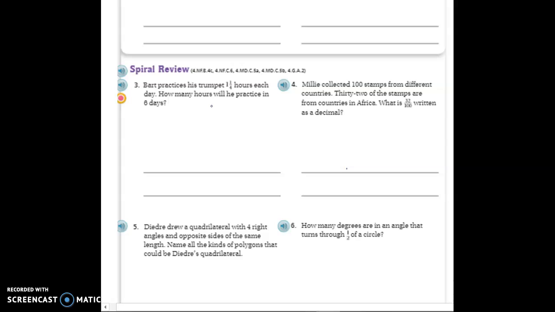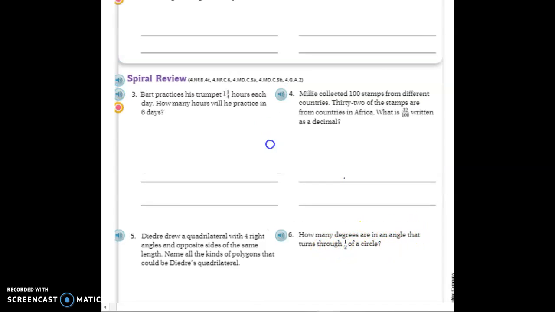What is 32 hundredths written in a decimal? Deidre drew a quadrilateral, number 5, with 4 right angles and opposite sides for the same length. Name all the kinds of polygons that could be used in Deidre's quadrilateral. Number 6. How many degrees are in an angle that turns 1/2 circle?